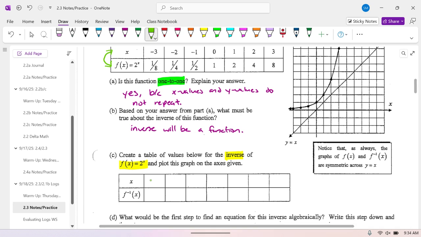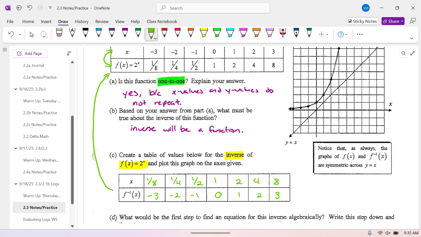So the x's will now be 1/8, 1/4, 1/2, 1, 2, 4, 8. And the y's will now be -3, -2, -1, 0, 1, 2, 3. So all we did was switch the x and y's of the top table. All we did.